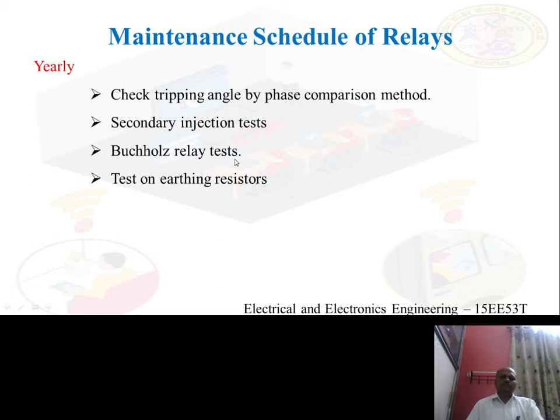Buchholz relay test, we have to check whether the Buchholz relay is working properly or not. Test on earthing register, these are the tests we have to conduct every year. Once in 2 years, we have to do secondary injection tests.